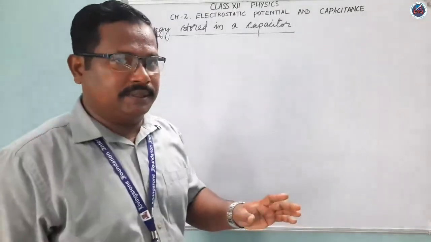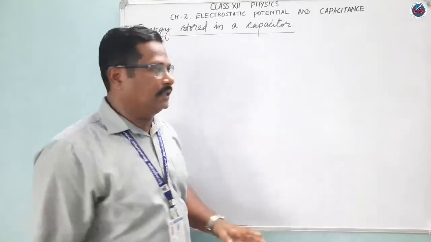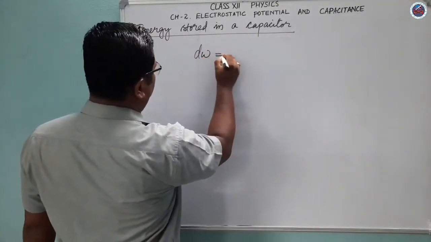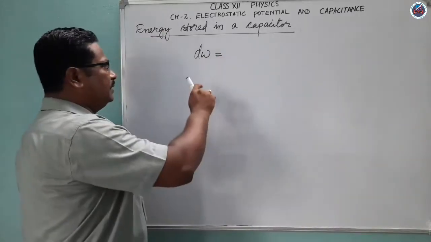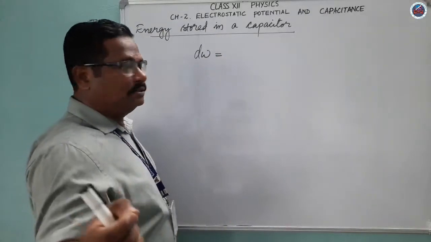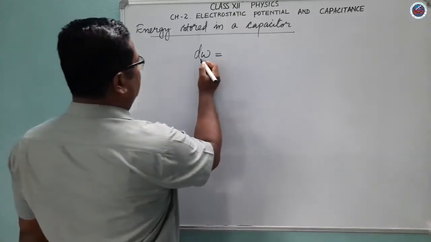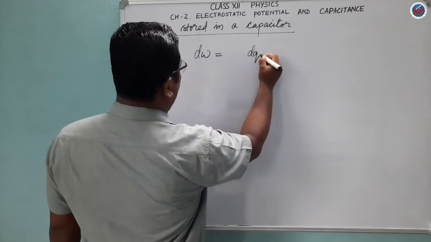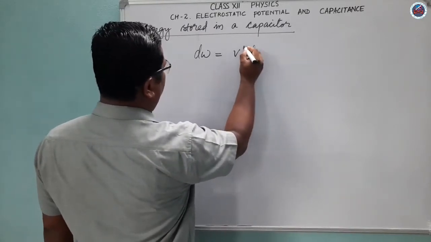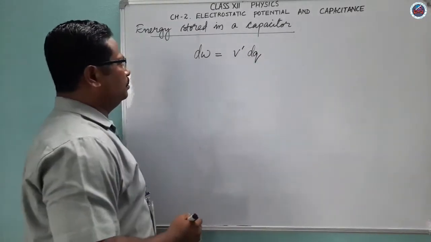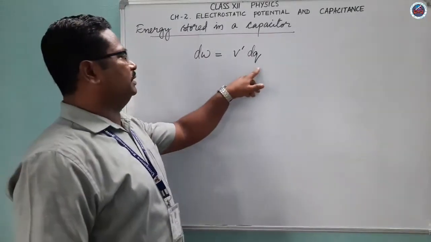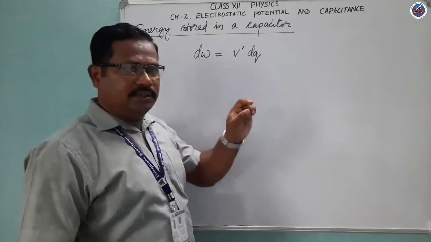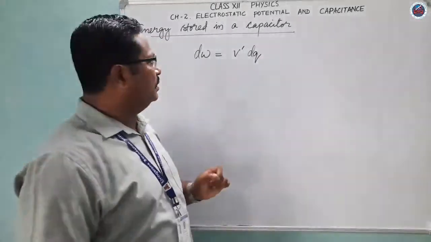Suppose the small amount of work done, let it be dW, in bringing the charge from one plate to the other plate, and the charge that you are bringing is dq, and during that time the potential is say V dash. So work done is equal to potential into charge, where V dash is the potential during the time that you are bringing the charge.